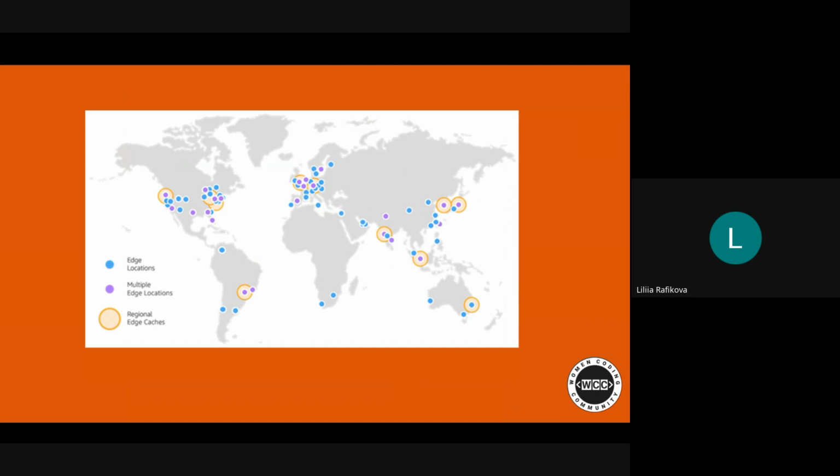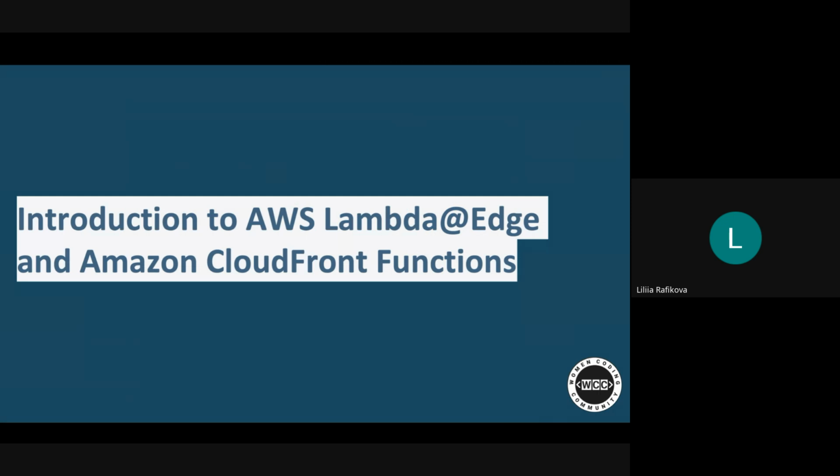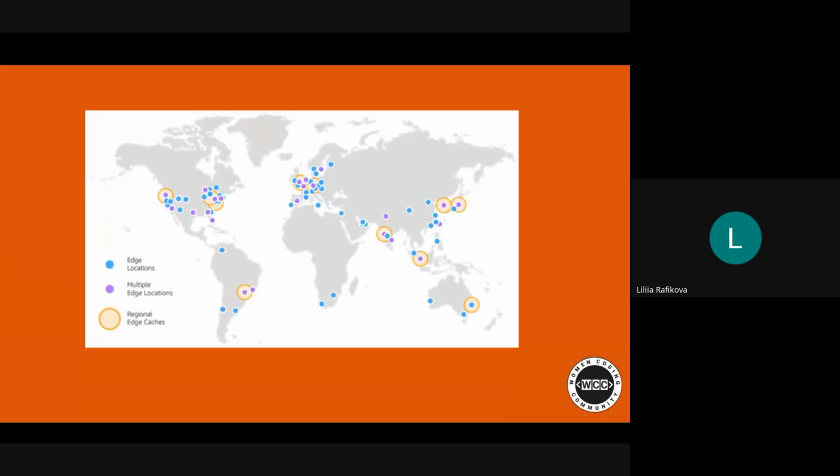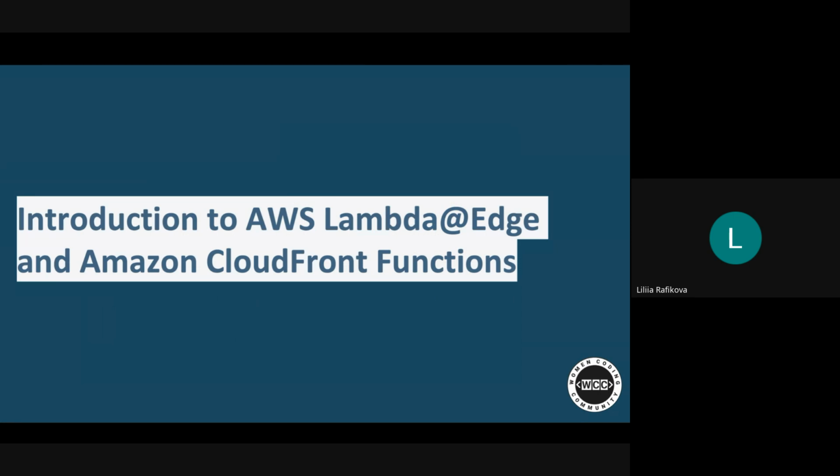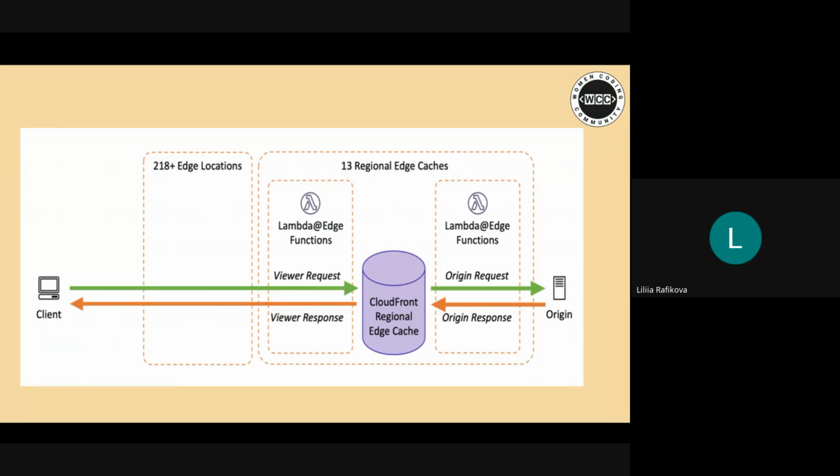We have less than 100 around the world, but we have a lot of edge locations, the small ones. Usually an edge location belongs to a regional edge cache. So now you will understand why I emphasize these terminologies, as I introduce AWS Lambda Edge and Amazon CloudFront Function.